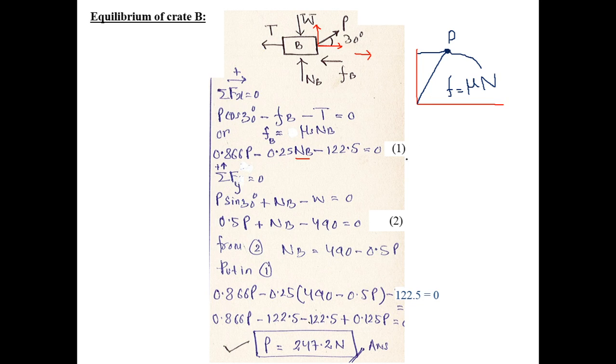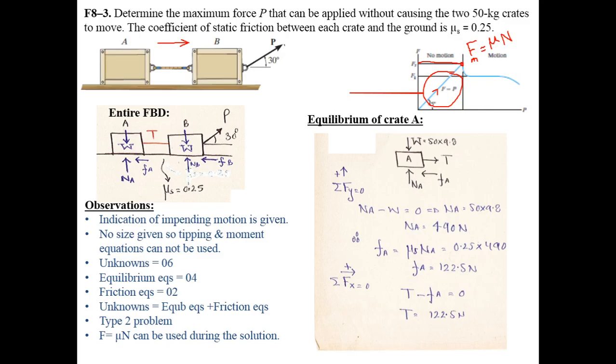So review this problem again. In the beginning, it seems that no indication of impending motion is given to us, and also this P is unknown to us. So it gave us a sense that maybe this problem is not a type 2 problem, but it was tricky.